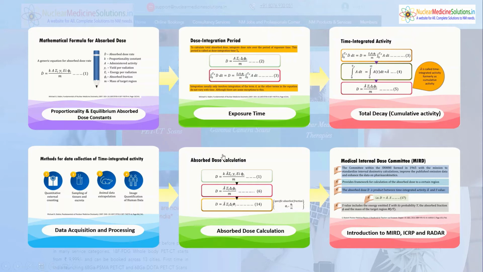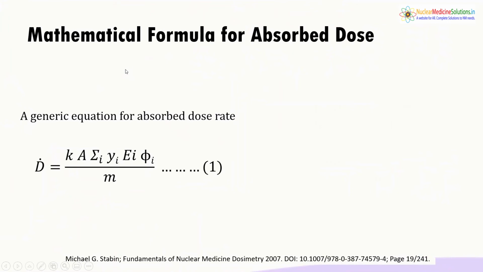A little bit about this aspect also we'll touch, and finally we'll go for absorbed dose calculations, and at the last a brief discussion will be there for MIRD, ICRP and RADAR techniques of dose calculations. So let's begin and see what is proportionality constant.